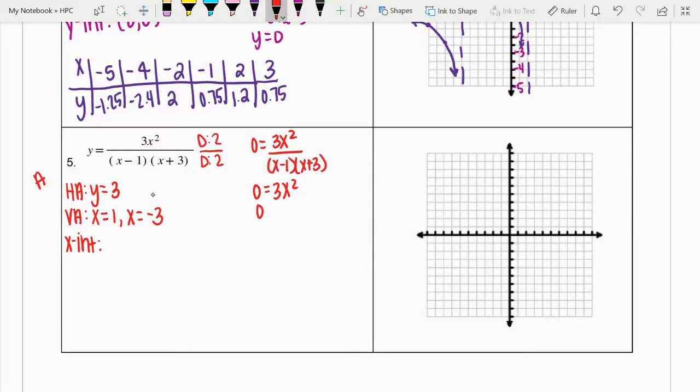So x ends up being 0, so my x-intercept will be at 0, 0. My y-intercept, if we substitute 0 in for x, we'll have 0 over negative 1 times 3, so again, my y-intercept will be at 0, 0.